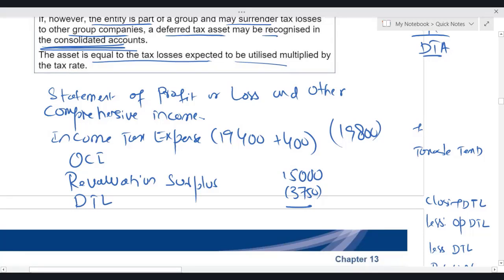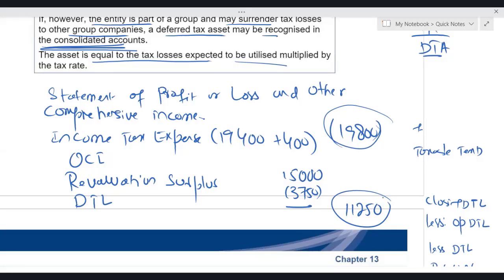So the remaining revaluation will be only 11,250. So income tax expense is 19,800, and in OCI, after deducting 3,750 for the deferred tax liability, remaining revaluation is only 11,250.